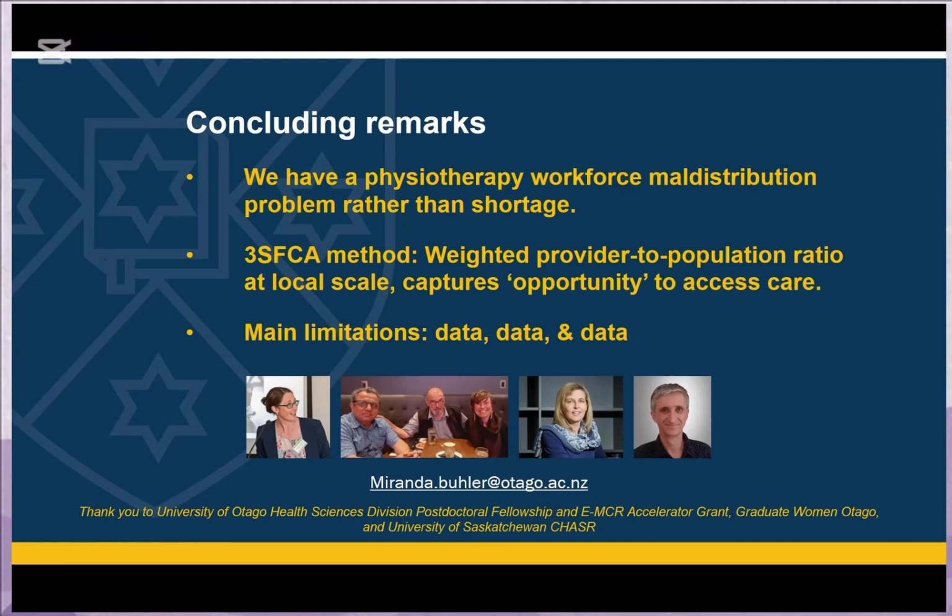The Māori population and also the Pacific population in New Zealand are younger. They have a shorter life expectancy by about 7 years compared to non-Māori, and they're also a more youthful population, with higher birth rates as well. So the shape of the demographic is much different to the non-Māori population.